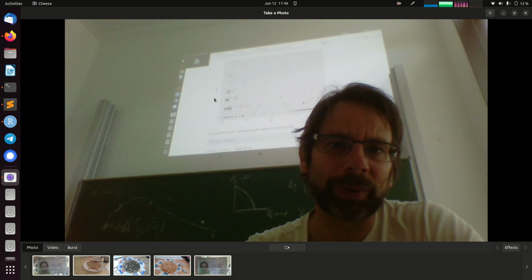Now we have to ask, what is the variance of ki over si? And this is now the variance of ki times 1 over si squared. Why? Because if I have a constant, I pull it in front of the variance operator, it gets squared. If you remember how the formula for the variance looks like, you can see that there is a square, and of course, if I pull it out, I have this here.